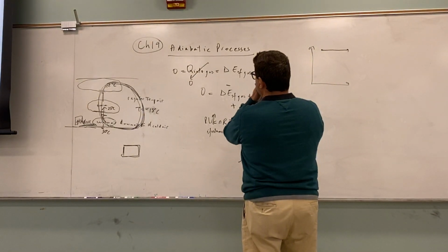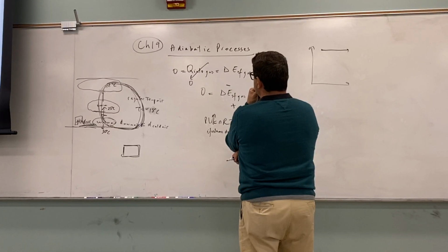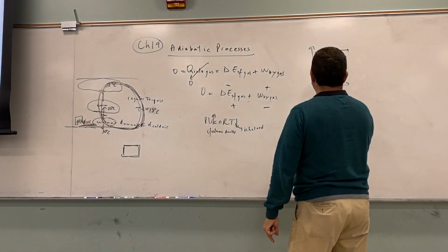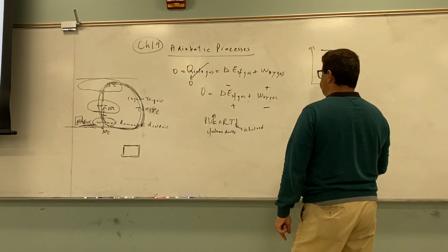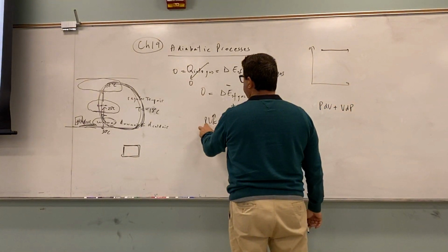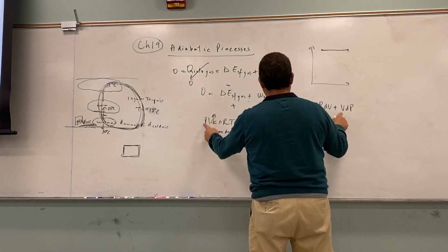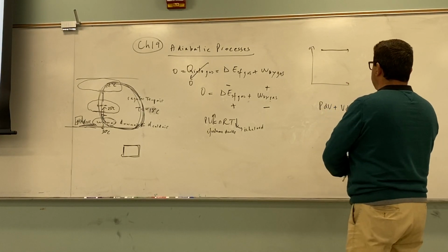Okay, so what we're going to do is take the derivative of this, P dV plus V dP. Take the derivative of this times the derivative of that, plus that times the derivative of that, is equal to nR dT.